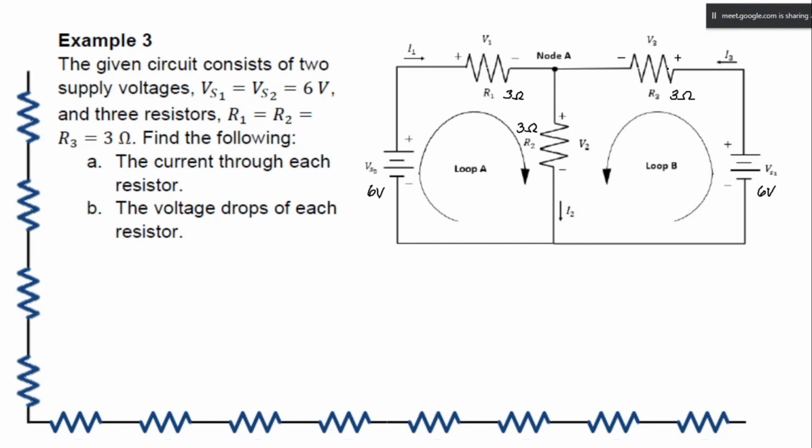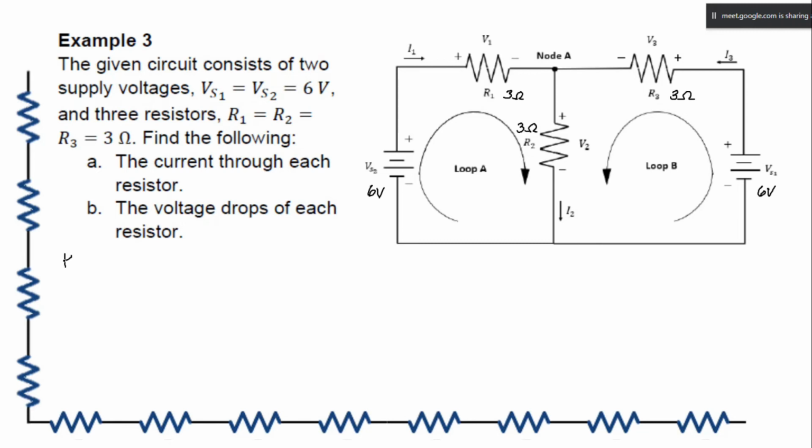So, para mas madali na lang po, then we will be using the KCL as well as the KVL na lang. For letter A, the current through each resistor, since we have to determine the value of each current through each resistor, so it is appropriate to determine the equation using KCL muna.